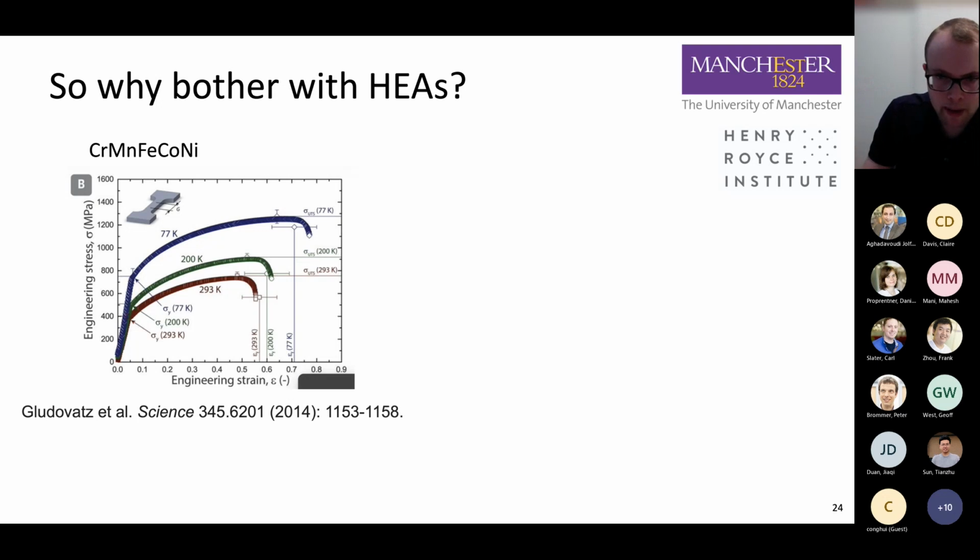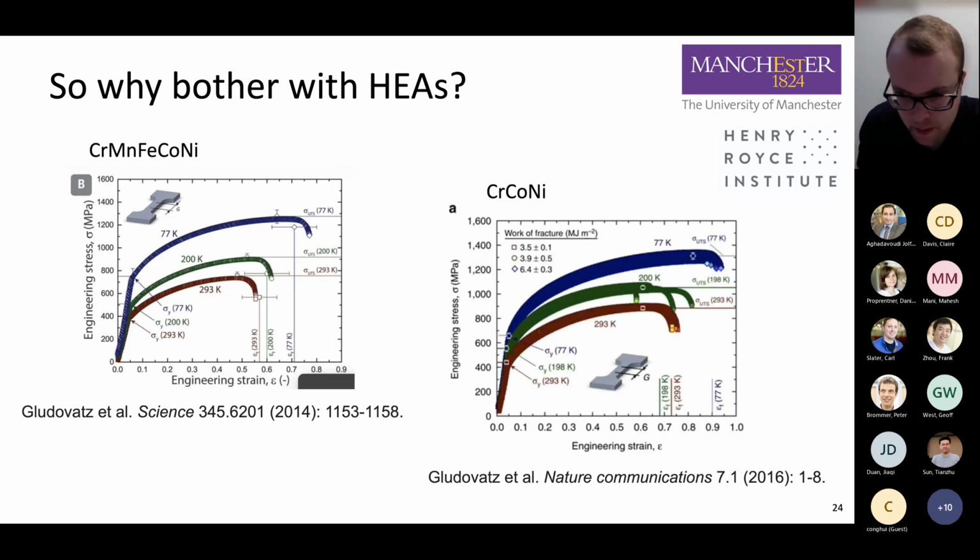I'm not going to talk today about the mechanical properties of high-entropy alloys in great detail, but just to mention that there are certain high-entropy alloys and related systems that have really shown exceptional properties. This is the Cantor alloy over here, and this has been tested at room temperature and all the way down to liquid nitrogen temperature. And unusually, in an alloy system, the strength and the ductility both increase as you drop the temperature.